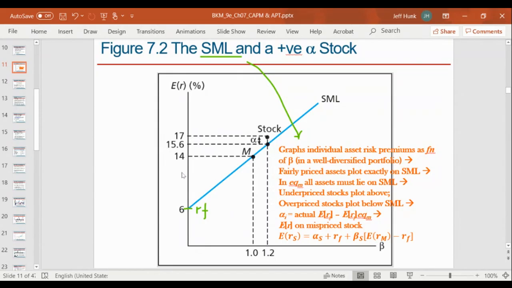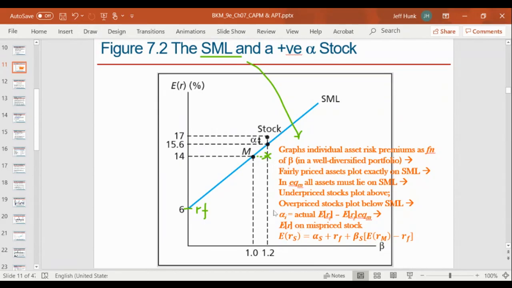So think about it. If the stock's beta was 1.2, and if the actual return was at this point, suppose it is 14%, right?